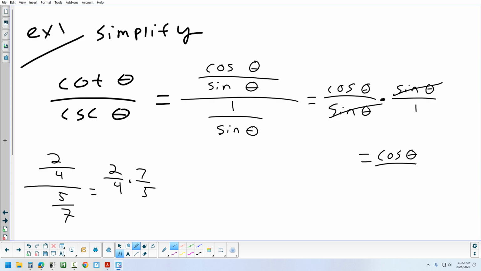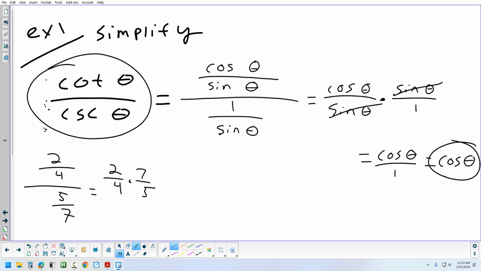So what we just did is we proved that if you have the cotangent divided by the cosecant, it's much simpler to just say cosine. Cosine means the exact same thing as all of that, and it's a lot simpler. So that's what we're doing today, simplifying trig identities.